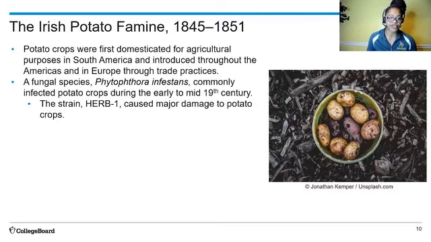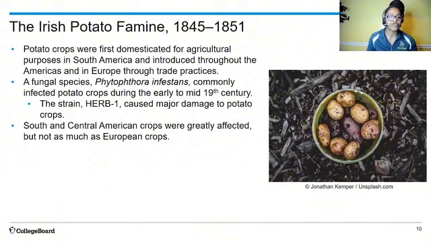Scientists have now identified the strain as the HERB-1 strain that was responsible for damaging those crops at that time. Central American and South American crops were greatly affected by this infestation, but not as much as European crops.